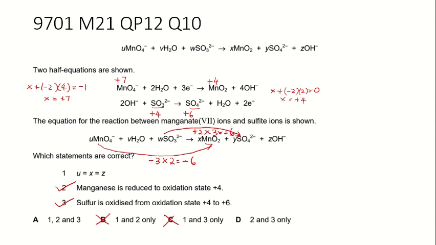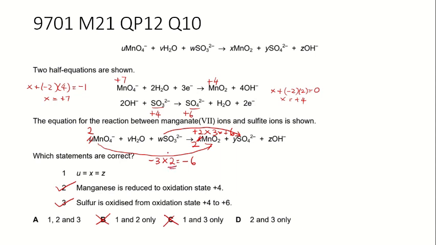Now, since I multiply this by 2, meaning U is 2. That means I need 2 manganate ions. Same goes to manganese oxide. X is 2 because I multiply by 2, I need 2 manganese oxide.